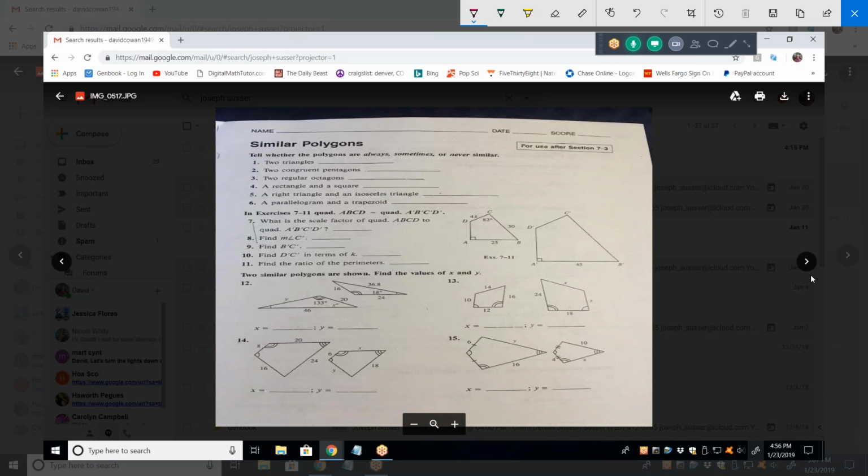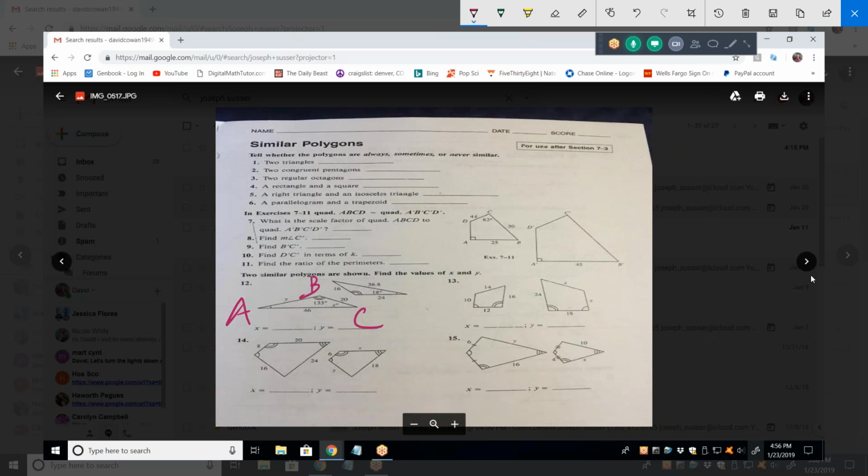All right, number 12. Two similar polygons, find the value of x and y. If I'm going to label the one on the left ABC, label the one on the right with prime. A prime, B prime.